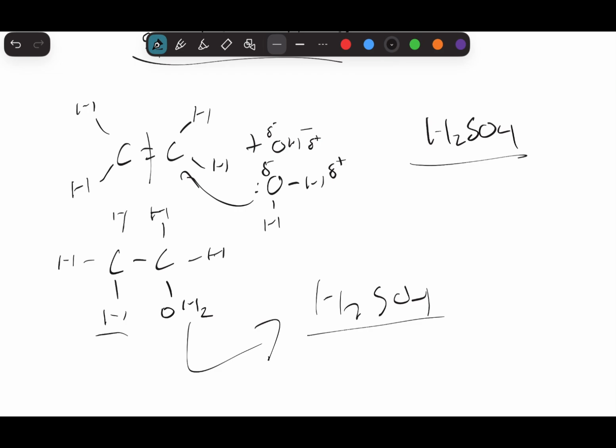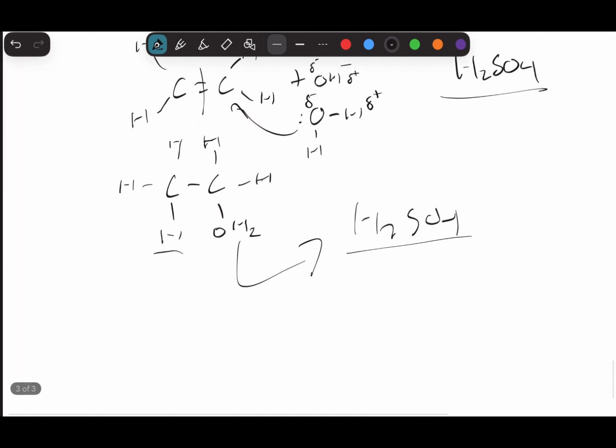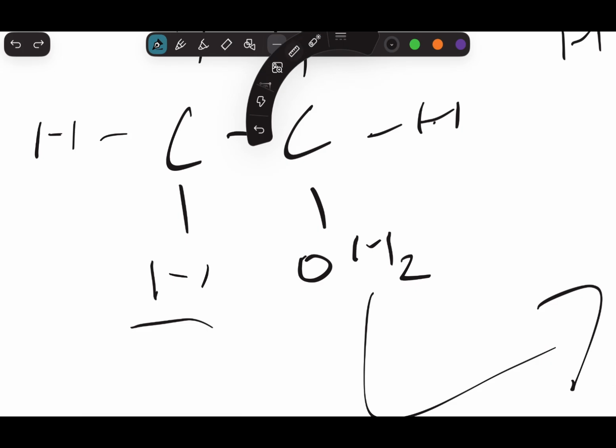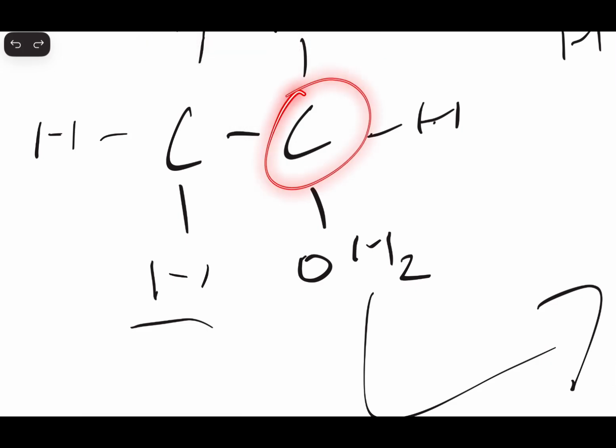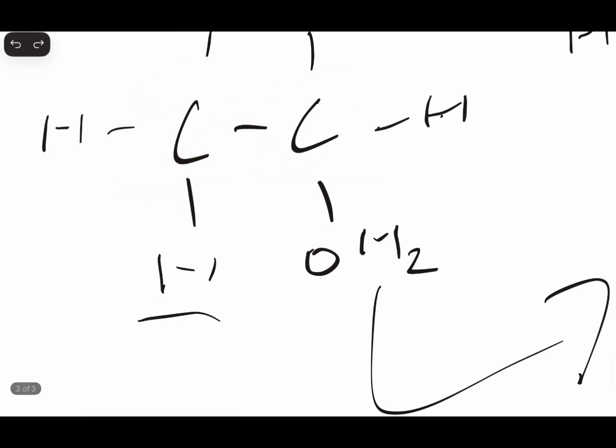Bad explanation from me, but you get the general point. And this will always form one product, because no matter if the OH goes to this carbon, let's use pointer, or to this carbon, it'll be the same thing. It looks flipped, but it's the same thing. You have to think in a 3D world, okay?